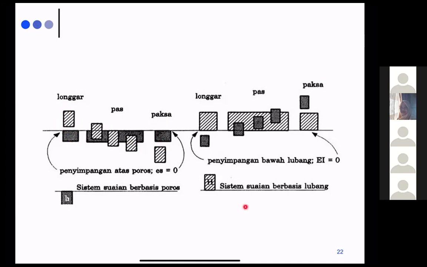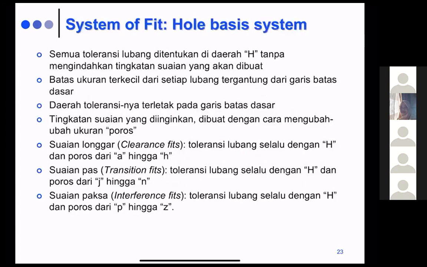In the shaft-based system, this one is from the shaft and this is from the hole, we make the shaft first and then find the hole. Here this is still in Indonesian, but that should be fine.